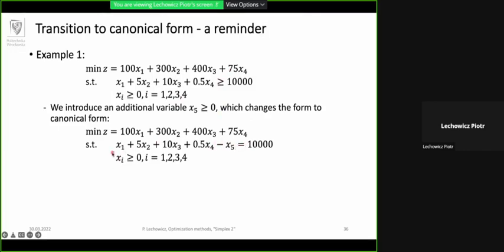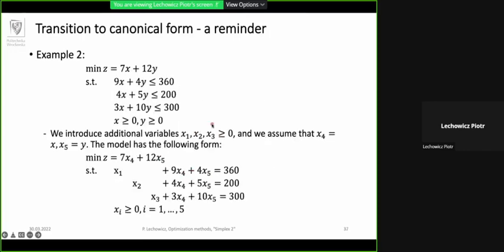and all the variables have to be greater or equal than 0, including x5. So here the index should be 1, 2, 3, 4, 5, because this variable x5 also needs to be greater or equal than 0. In the second example, we have 3 inequality constraints, so the procedure is the same.